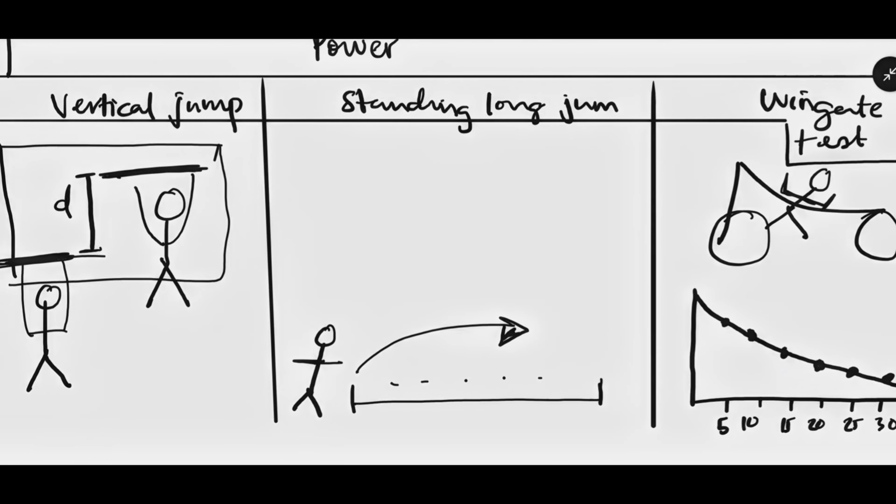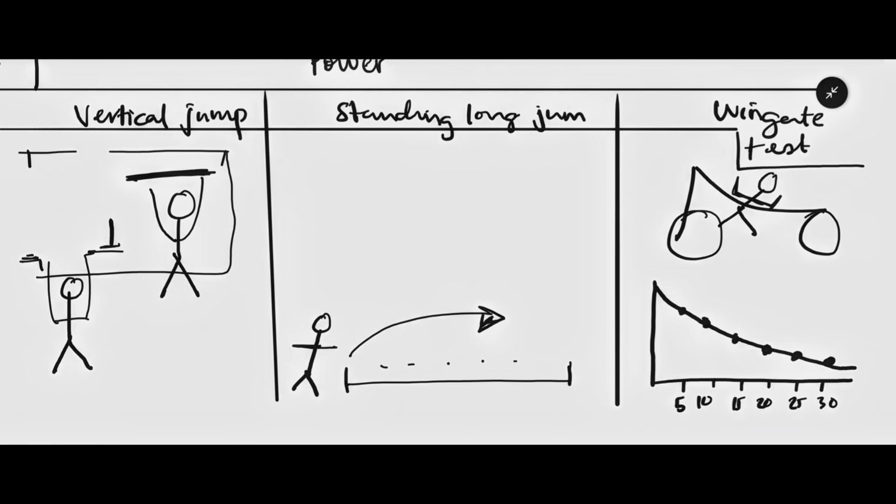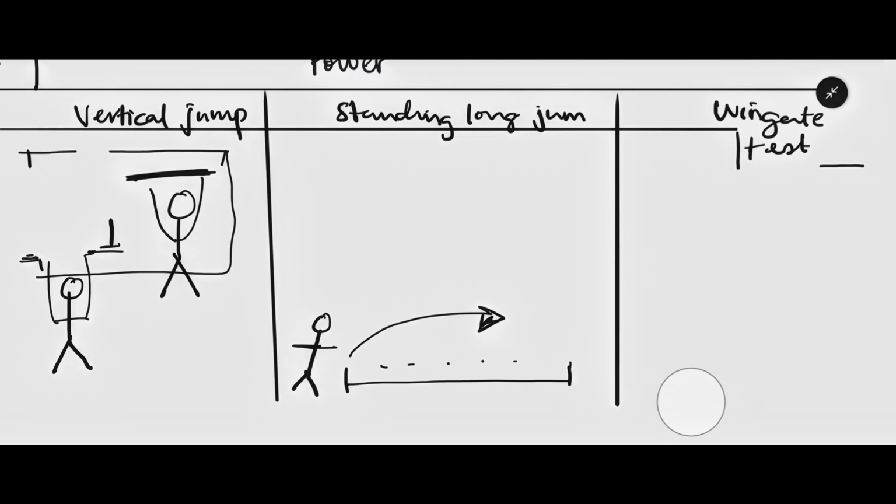5-second intervals. Let's rub this out so we can have more space. So let's draw that graph again at the top here. Power output from the peak.